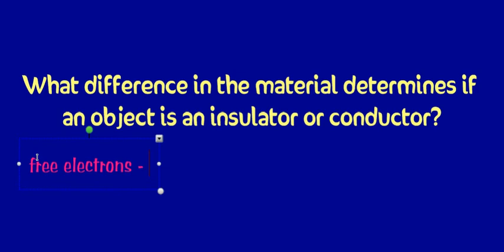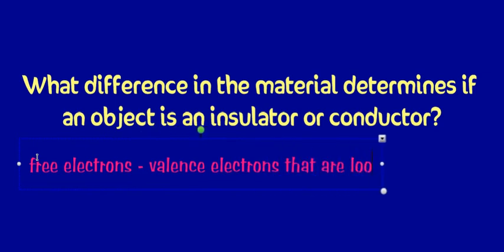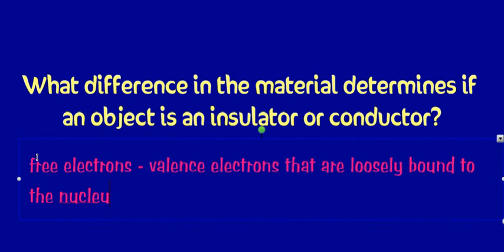Well, if you think back to chemistry class, free electrons are those outer or valence electrons that are loosely bound to the nucleus. Almost all metals have those free electrons. It means that those electrons are able to be very easily shared among the particles in that substance. So they move around from one atom to another easily.